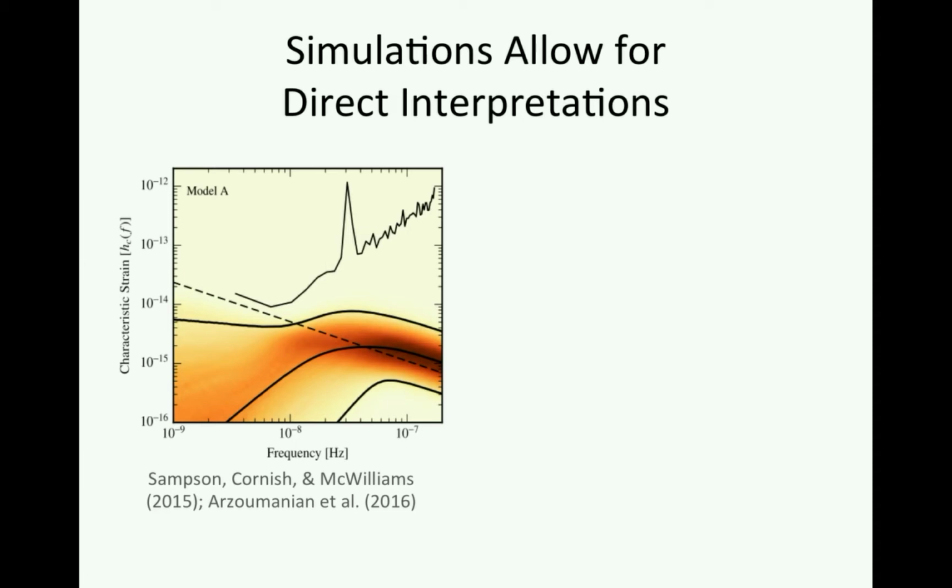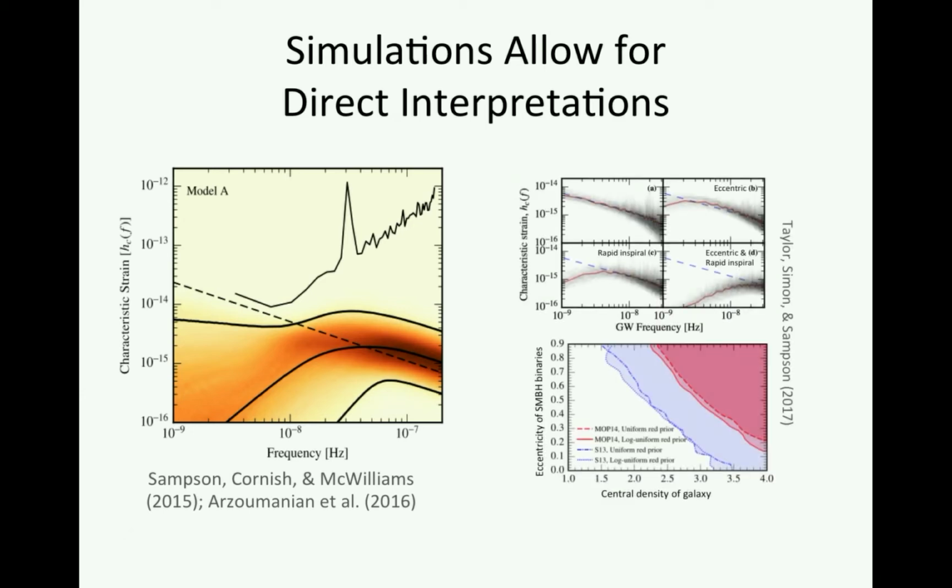And you're seeing that our upper limit is actually informing the shape of what the background is based on that generic model. Currently, we can actually go one step further and map directly from the shape of the spectrum back to the environmental parameters themselves that are causing this change in spectral shape.